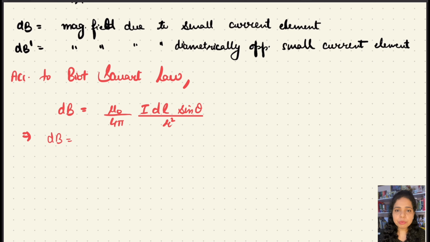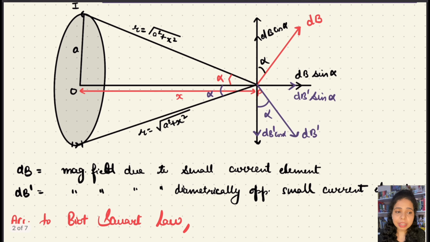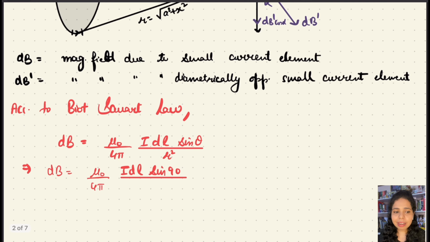So dB is equal to mu naught upon 4 pi, I dl sin 90 divided by r square, and the value of r is already calculated from the diagram, that is root of a square plus x square. So instead of writing r, we will put root a square plus x square, whole square.